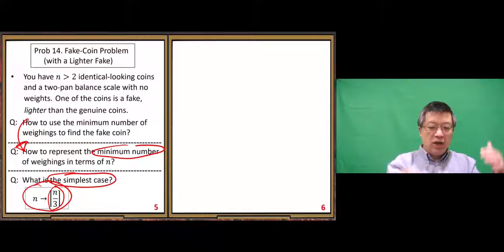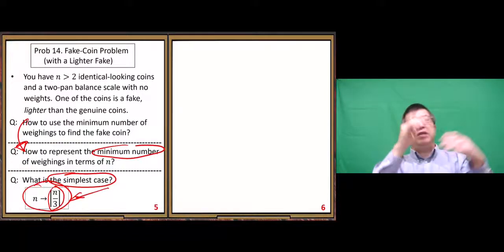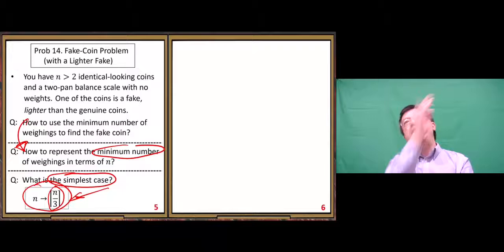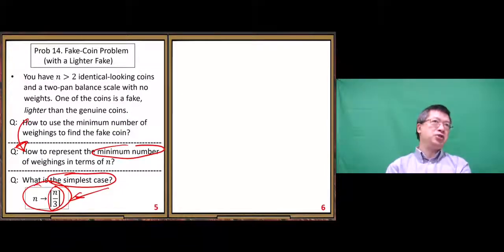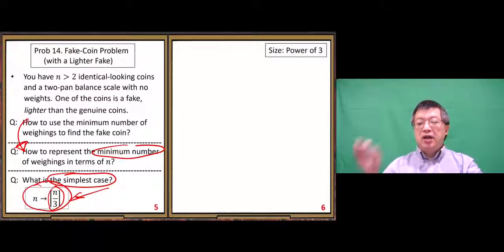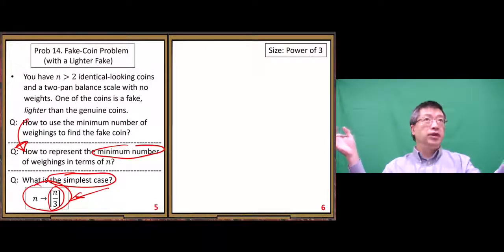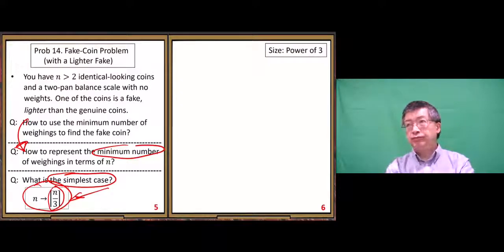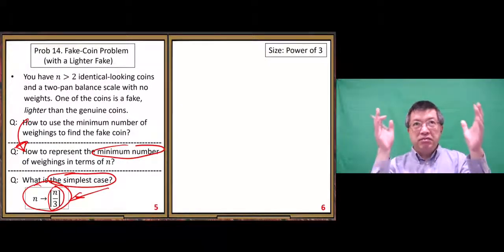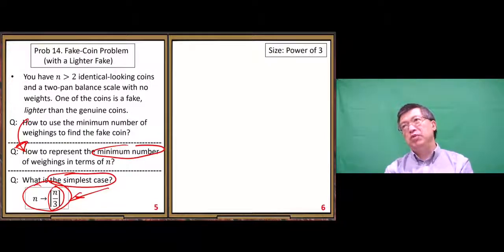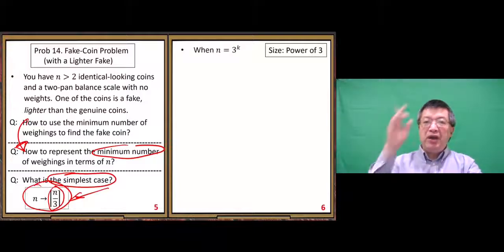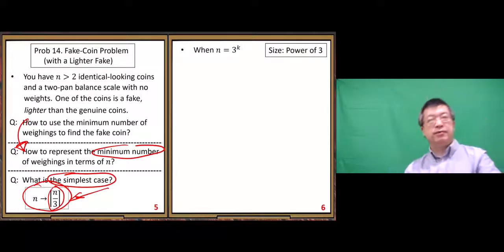What is the best case you can imagine in this situation? That is when the size is a power of 3. Then every time you divide by 3, no remainder. You can do the perfect division, right? So that's the easiest case. We can work on that first. So we assume n equals 3 to the kth.